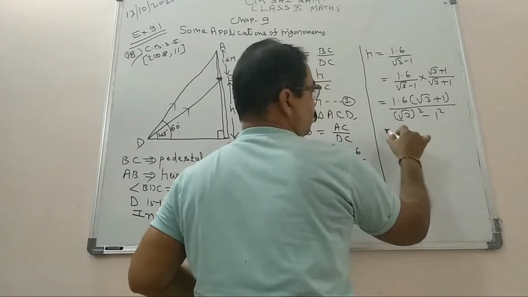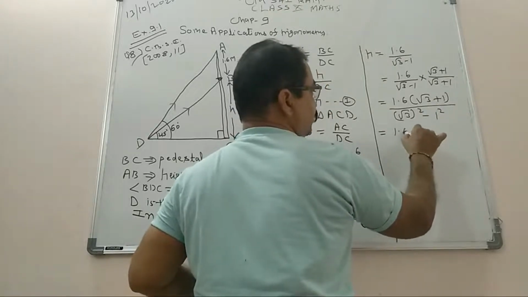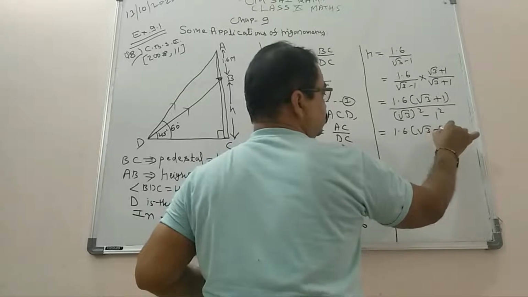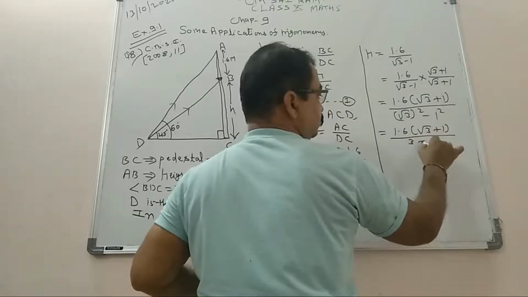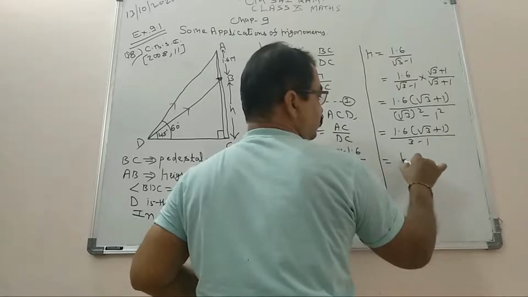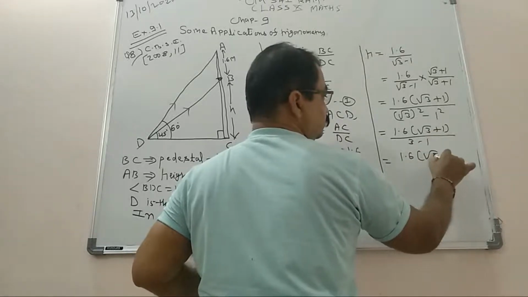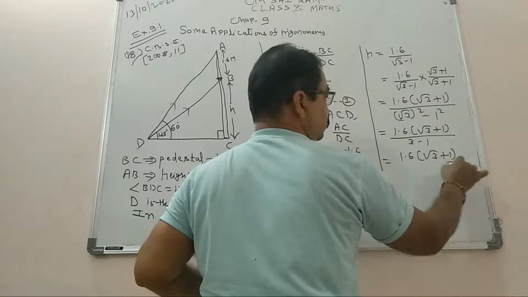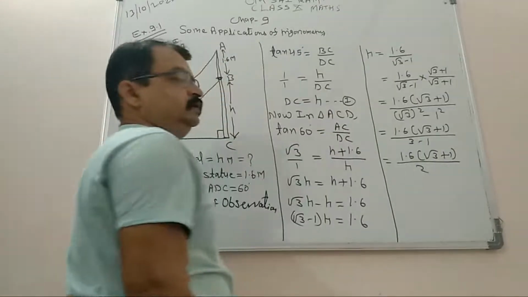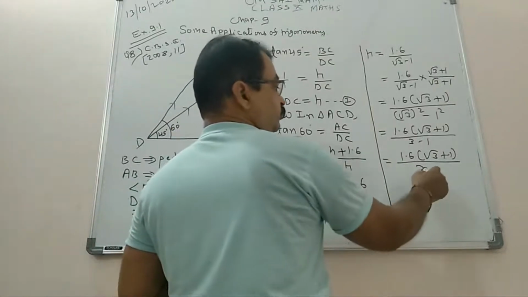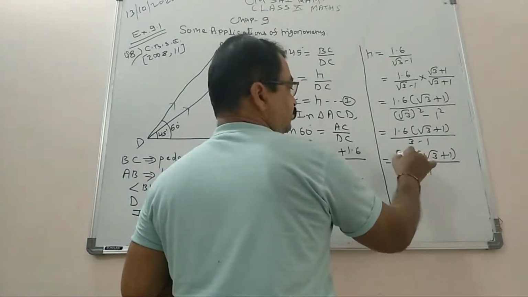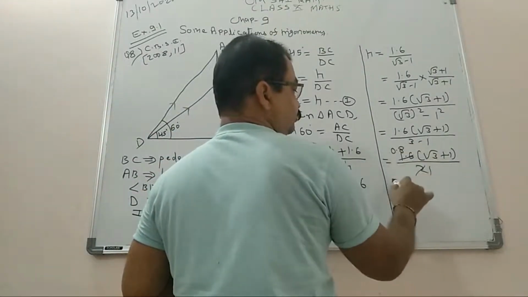minus 1 square. So you will get 1.6 in brackets root 3 plus 1 upon root 3 square, which is 3, minus 1. So 1.6 times root 3 plus 1 upon 3 minus 1, that is 2. Right, children? Now, 2 1 are 2 and 2 8 are, of course, 0.8 you will get.